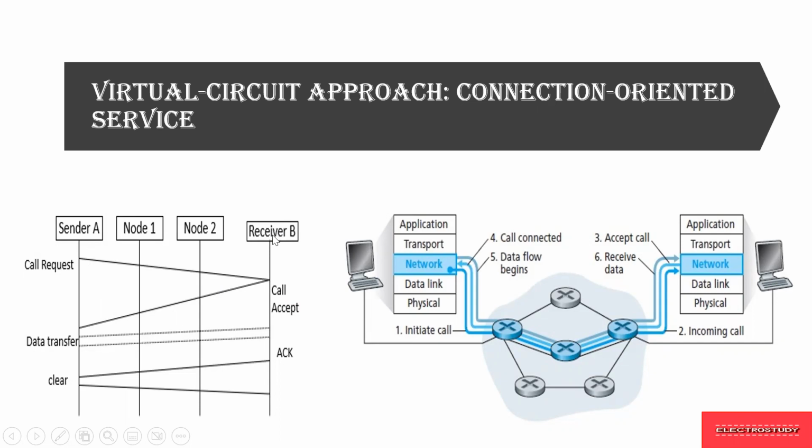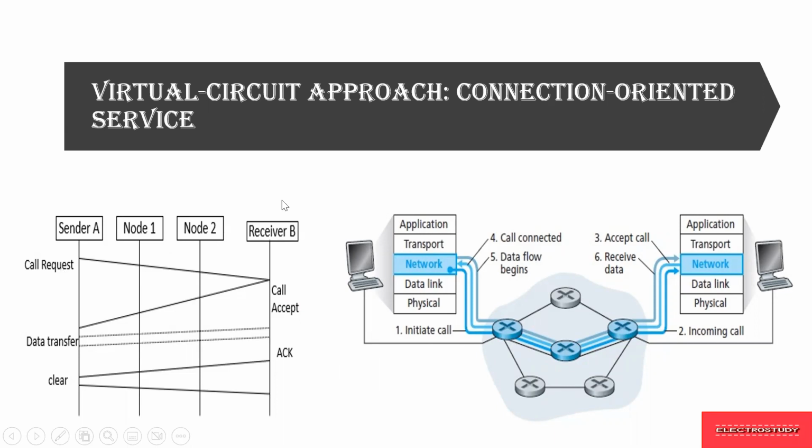The receiver accepts that call to connect with the sender. Now the data will be transferred whenever the route is established. These are the routers placed between the two ends. Whenever it is established, the data gets transferred.